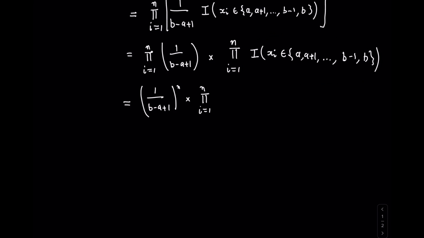Instead of saying xi is an element of all these numbers, what I'm going to say is that statement is true if a is less than or equal to xi, which is less than or equal to b. That's statement 1, I suppose you could say.